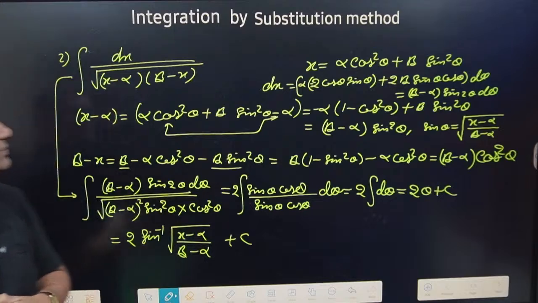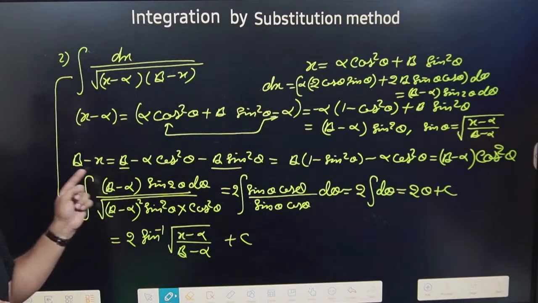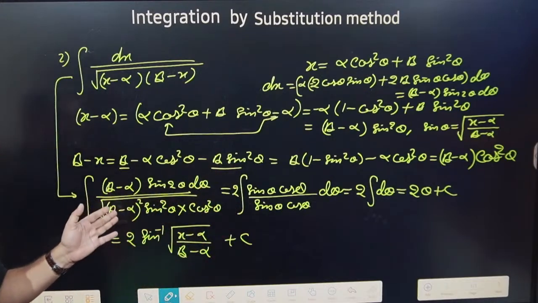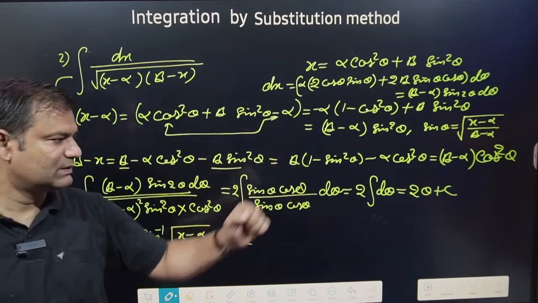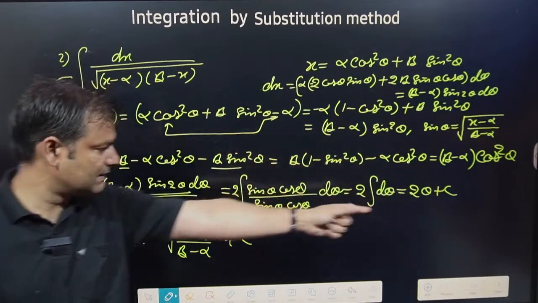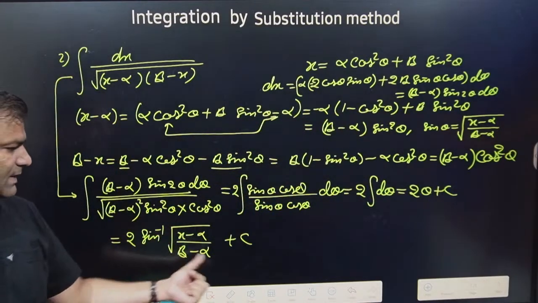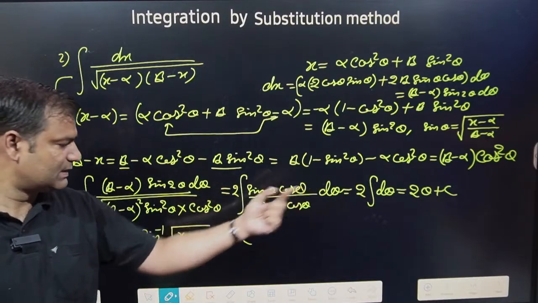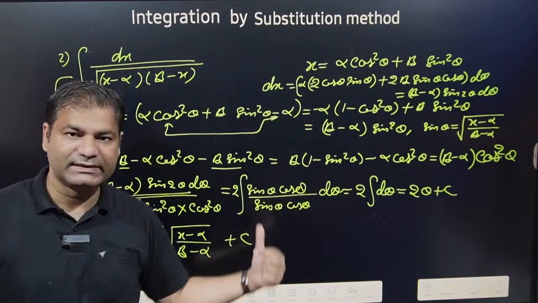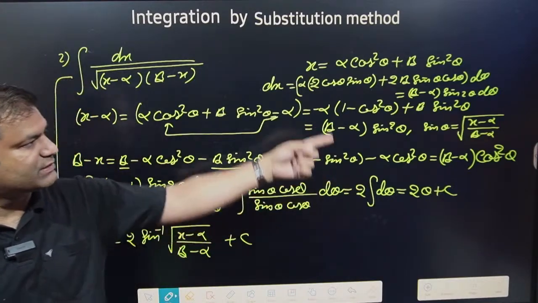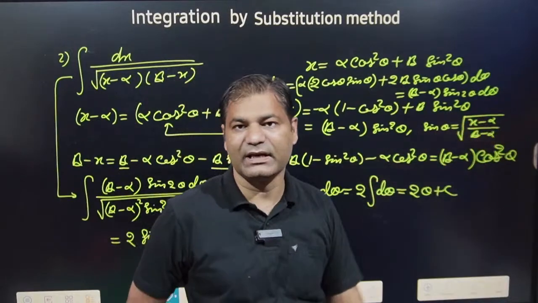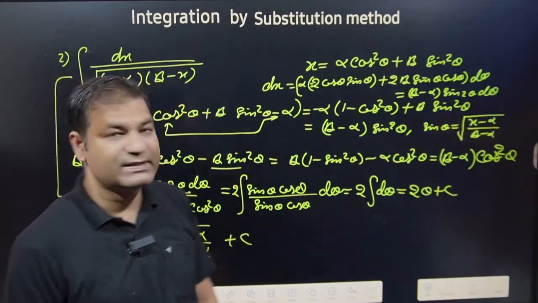Now put these two values here, and dx also is replaced by beta minus alpha into sin 2 theta d theta. Then after solving we get 2 theta plus c, and theta is replaced by sin inverse of under root x minus alpha upon beta minus alpha.